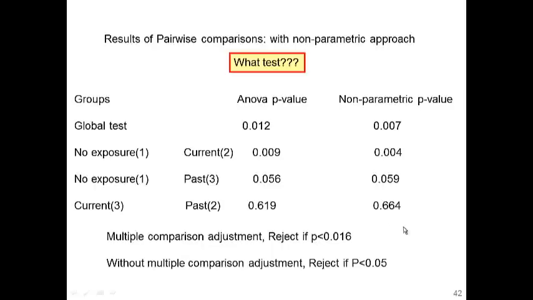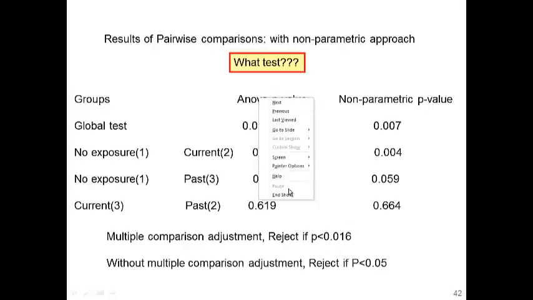As you see, the nonparametric p-values are slightly better than ANOVA for no exposure versus current, and slightly worse for no exposure versus past and current versus past. Since the global test, or ANOVA, detected statistical significance, you may ignore multiplicity issues or use 5% to judge statistical significance, or if you are more cautious, you may go ahead and do Bonferroni, so use 5% divided by 3 as the new cutoff to claim statistical significance.